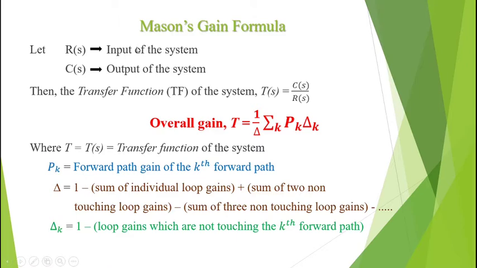Then we can find the transfer function of the system by finding out C of S by R of S, that is output by input, and it is represented as T of S. Then the overall gain of a system T is equal to 1 by delta into summation over K Pk into delta K. This is the Mason-Gain formula, and we use this equation to find the transfer function or the overall gain of a system, where T, the overall gain, and T of S are both equal.